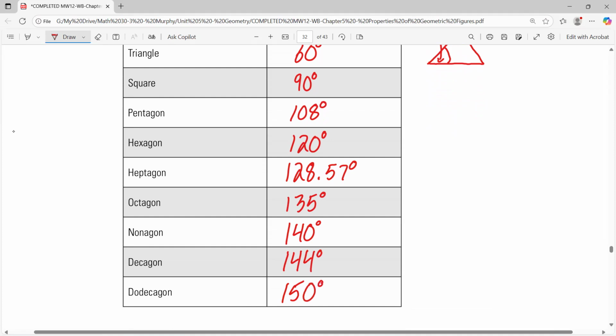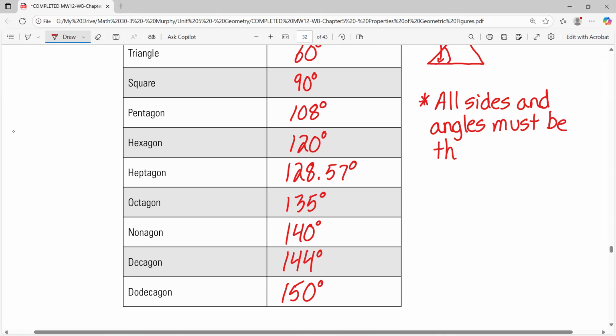Okay. And for this to be true, all sides and angles must be the same.